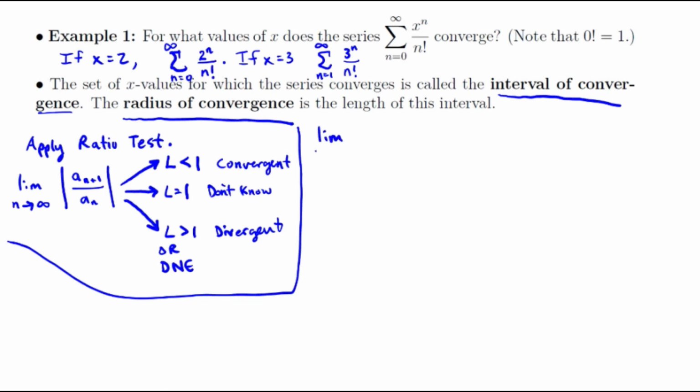Let's take the limit as n goes to infinity of the absolute value, and then I want to plug n plus 1 into both of these slots up top. So this will be x to the n plus 1 divided by n plus 1 factorial, and then on bottom x to the n over n factorial.